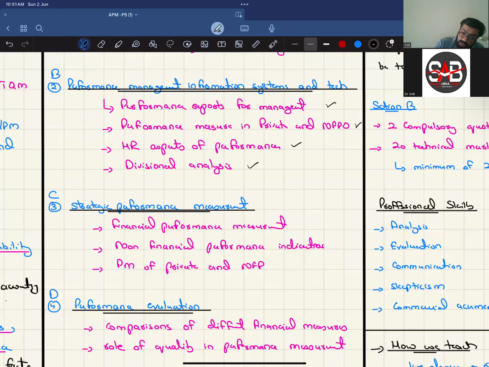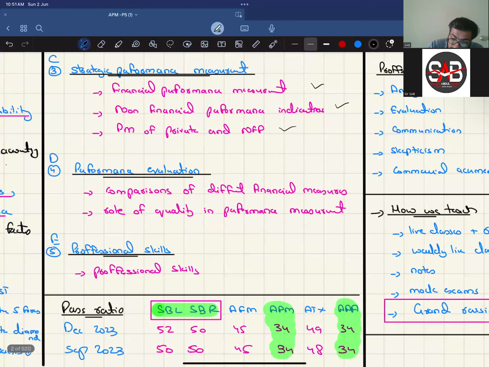And financial performance measurement, non-financial performance measurement, and then performance management of private and, I would say, not for profit entities, right? Then comparison of different financial measures, role of quality in performance measurement. All these sections are to be covered here, right?